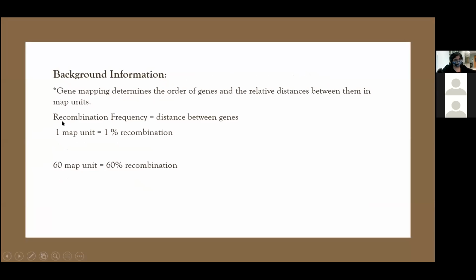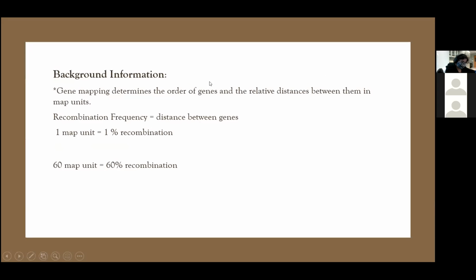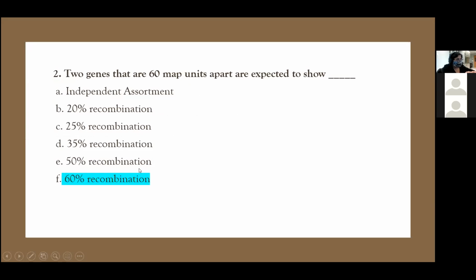So the recombination frequency equals the distance between the genes. And we already know that 1 map unit equals 1% recombination. So since it's 60 map units, it will equal 60% recombination, which is answer F.